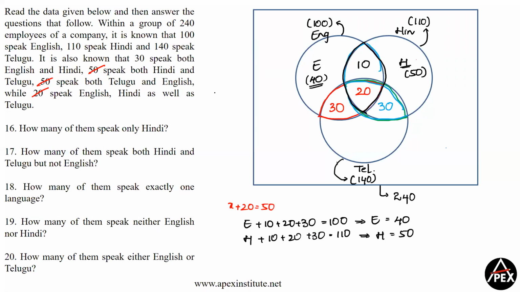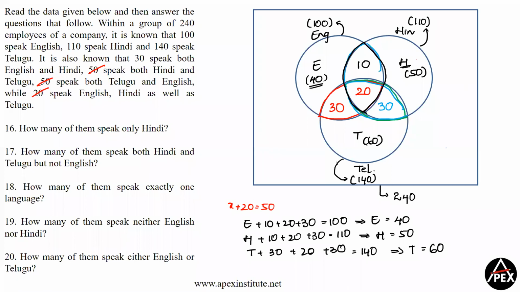Likewise, if I consider this to be T, T plus 30 plus 20 plus 30 should be equal to 140. Then what is the value of T here? T will be equal to 140 minus 80, 60. So we have 60 people speaking only Telugu, isn't it?